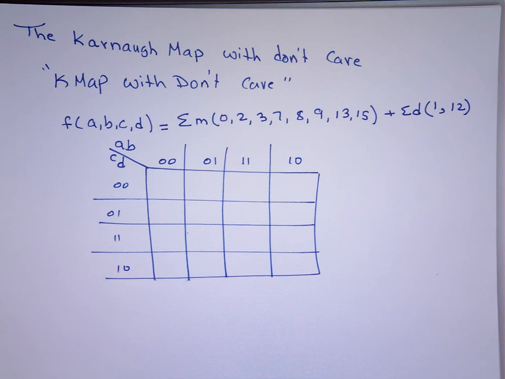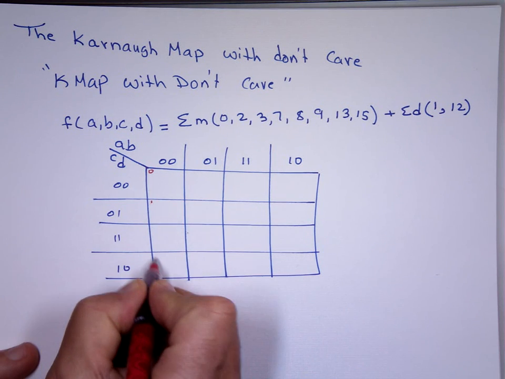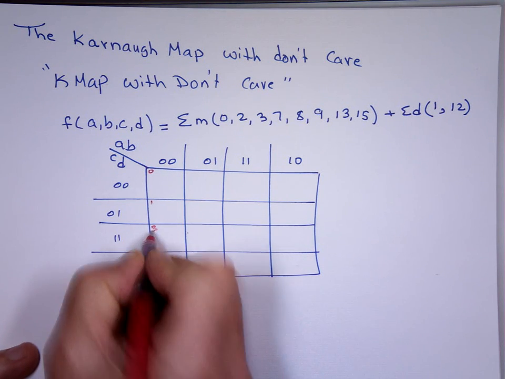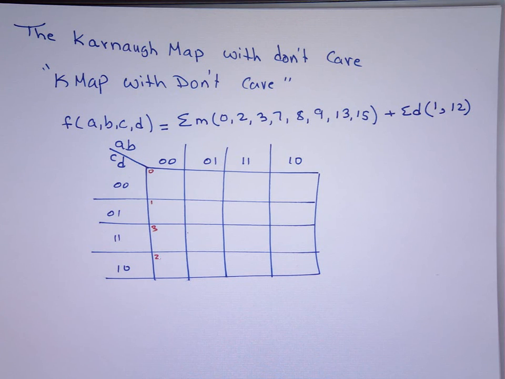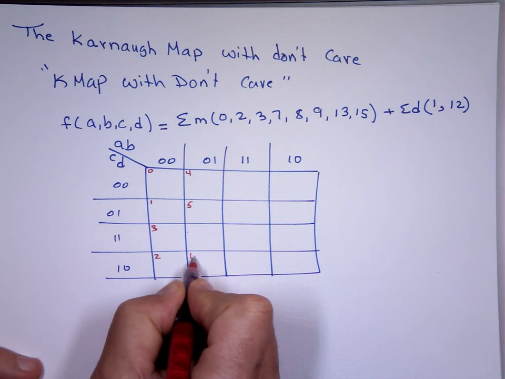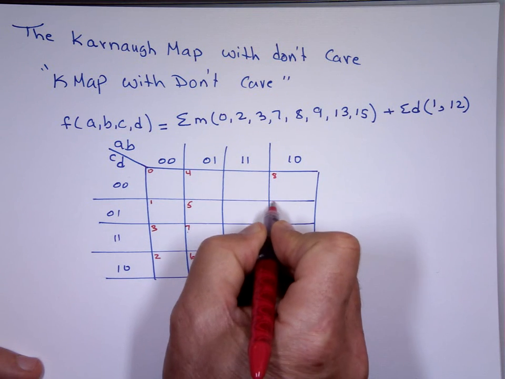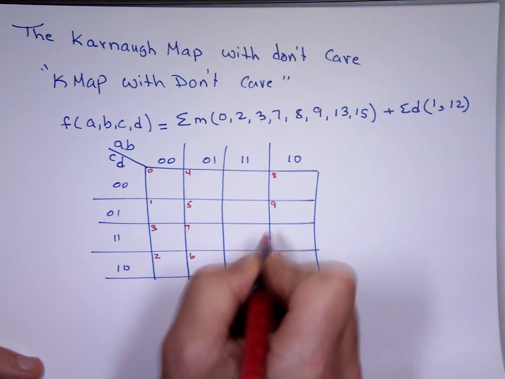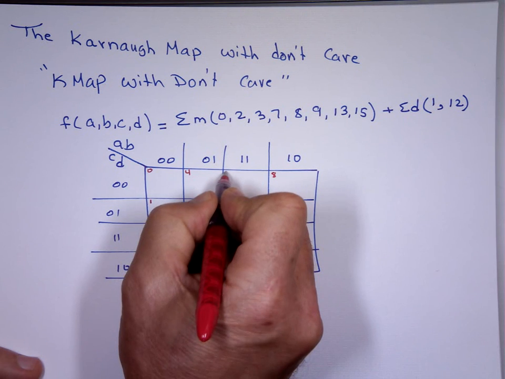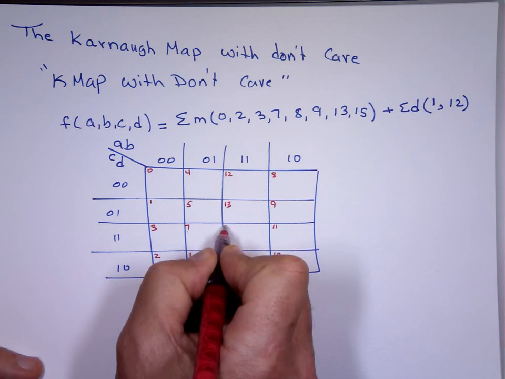This is the location, so you'll know and I don't have to keep looking. 0, 1, 2, 3. Can you see the numbering? Yep. 4, 5, 6, 7, 8, 9, 10, 11, 12, 13, 14, and 15.